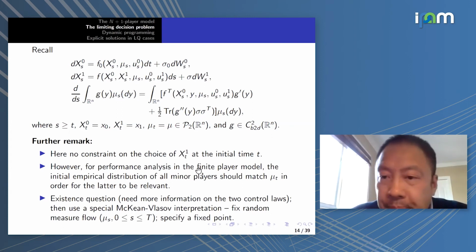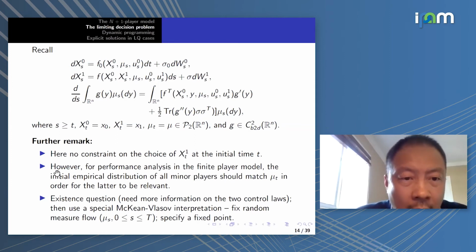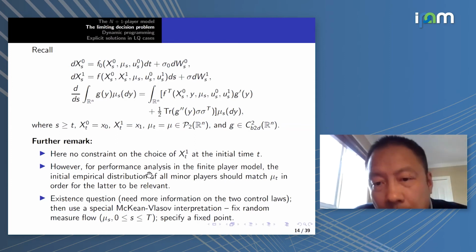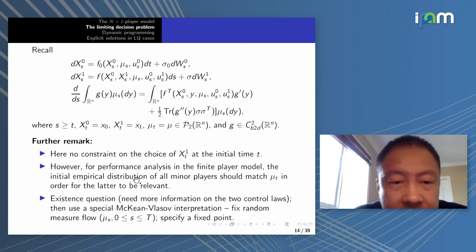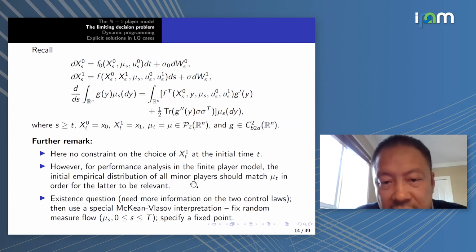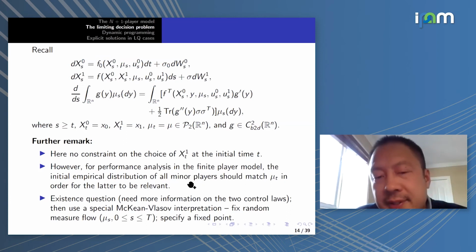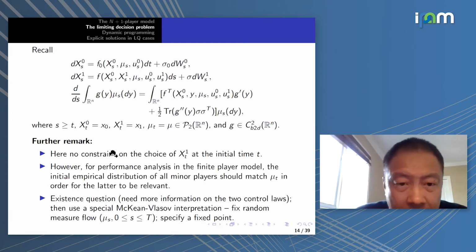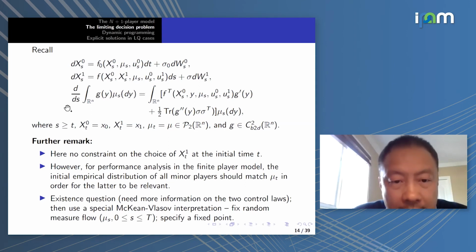However, if we want to do performance analysis, in the end we will need some restriction about the initialization of the minor players. That is, the initial empirical distribution should match the initial choice for the measure flow. And also for a general nonlinear system here, we have the existence question.